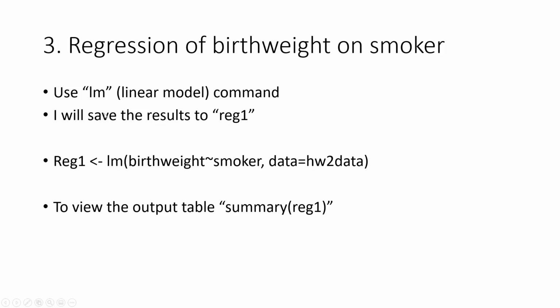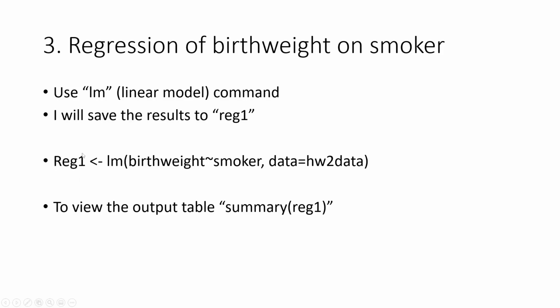You can just directly start the command with LM, but I recommend you to save your regression results to something. I'm going to name the results as REG1, regression 1, but it can be any name. You can change the name of the regression output. So in the end, our command will look like that.